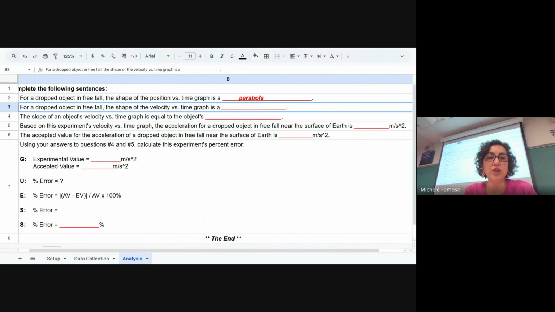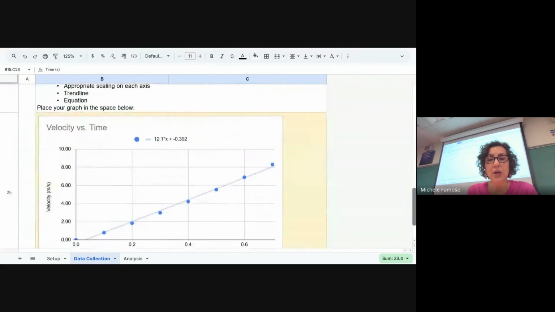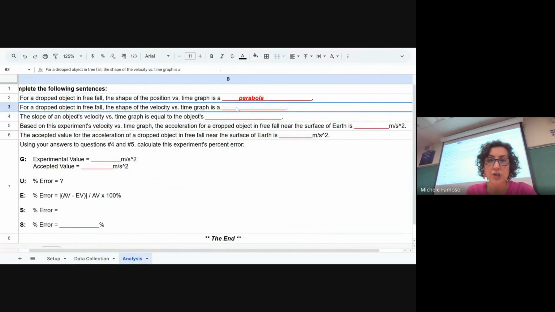Enter. Question 2. For a dropped object in free fall, what is the shape of the velocity time graph? Well, let's go back and look at our velocity time graph. What shape is that graph? Good, diagonal line. So let's answer that for question 2 in the red line.